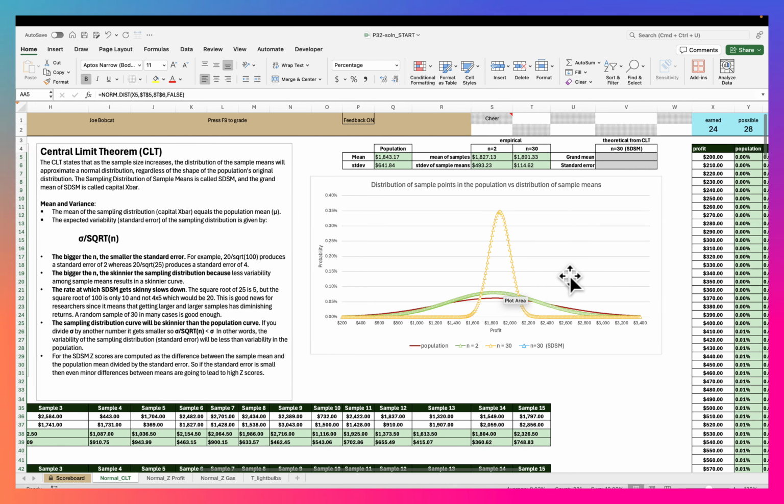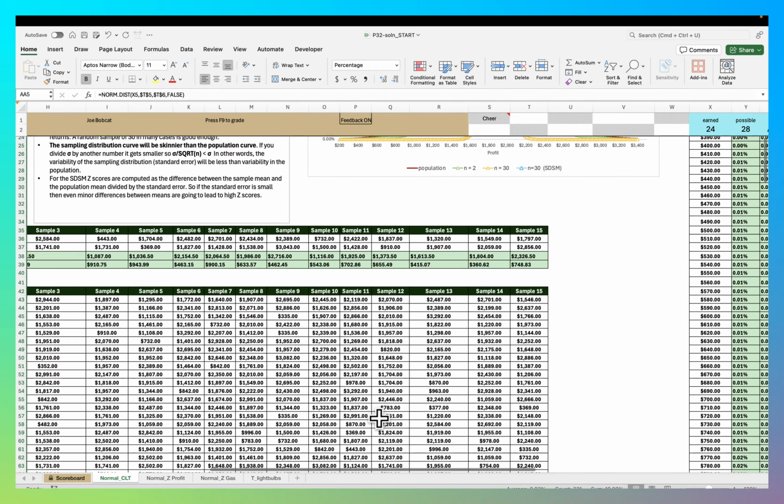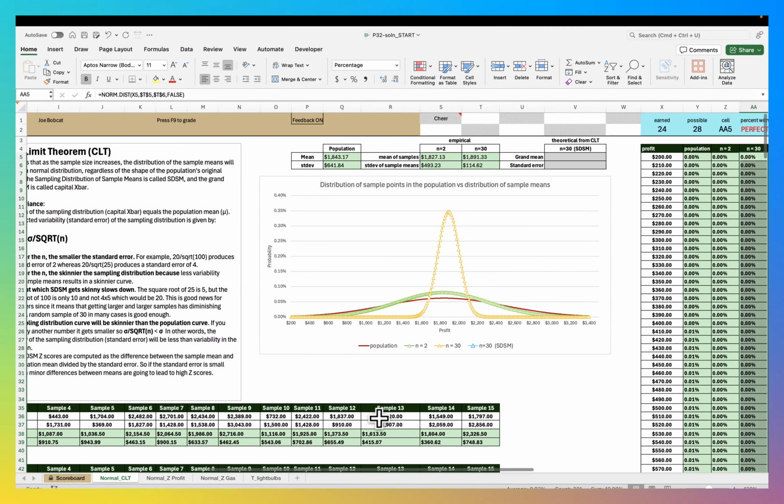So now, with all these things in mind, we can do something unbelievably cool, because we don't actually have to do this exercise. We sort of did this as a way that you could see where all these numbers are coming from. But the fact of the matter is that theoretically, from the central limit theorem, we can actually compute what the sampling distribution will look like without having any samples at all.